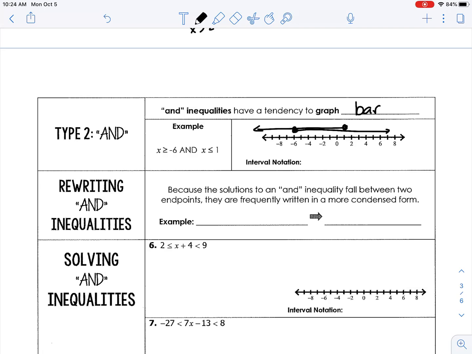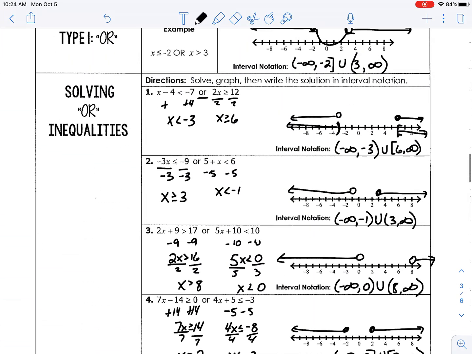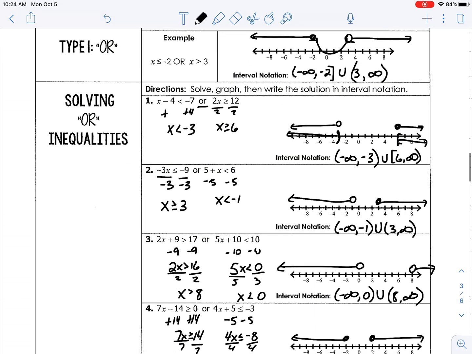Now, coming back up here, I didn't do a very good job. So if we looked at this problem as a whole, when I looked at my solution set, I could pick any number I want to. It just has to make one or the other true. Let's say here is negative 6, we're going to use negative 6 as my example.